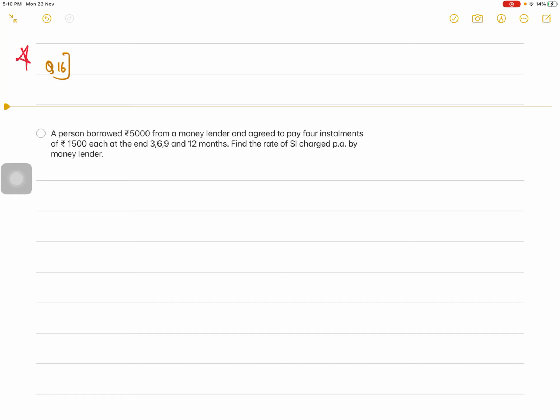So a person has borrowed 5,000. So that means principal is equal to rupees 5,000. Okay, and he has agreed to pay 1,500 in 4 installments. So amount is equal to 1,500 into 4. Correct? So he is going to pay 1,500 into 4, which comes to rupees 6,000.